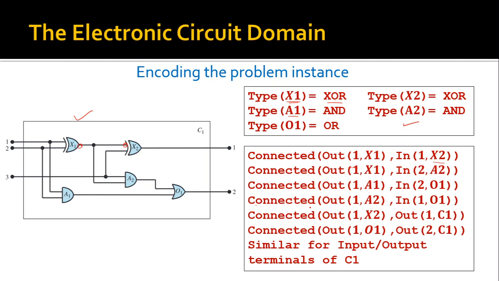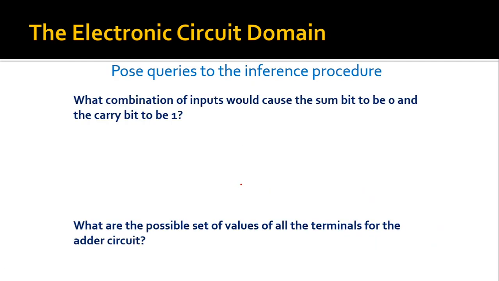For example, connected out 1 A2: the output terminal of A2 is connected to the first input terminal of O1, basically this, right? So you can see that we are writing the predicates to encode this problem instance, and we can do so for the others which have not been mentioned here, right?